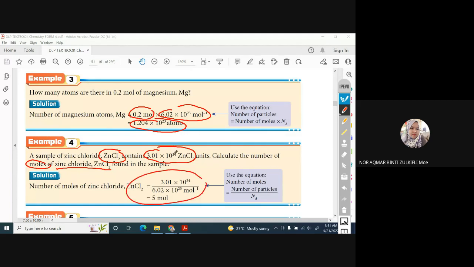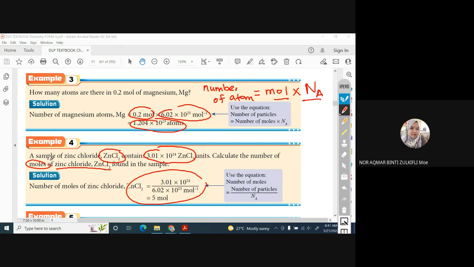Just now, when you wanted to find the number of atoms, it was mole times Na.